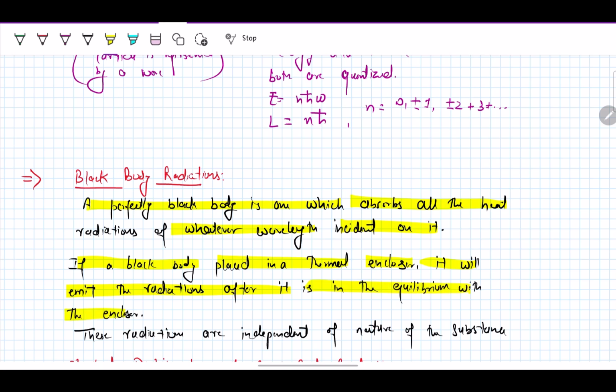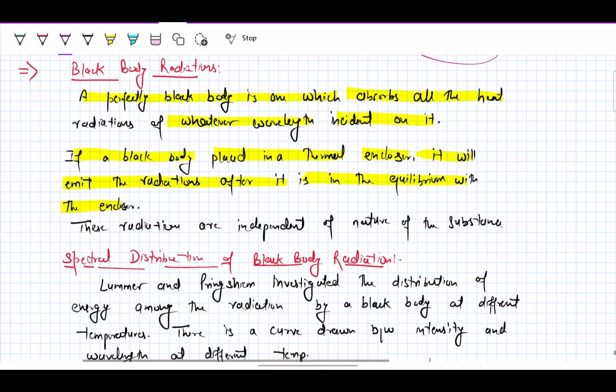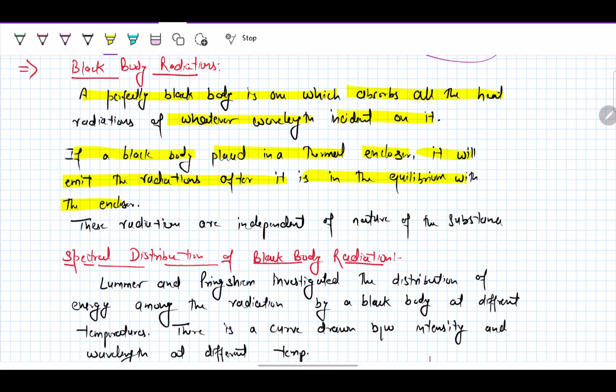It means first of all it will absorb all kinds of heat radiations of whatsoever wavelength fall over it, and then after it reaches equilibrium with the enclosure, it will emit radiation. These radiations are independent of the nature of the substance.